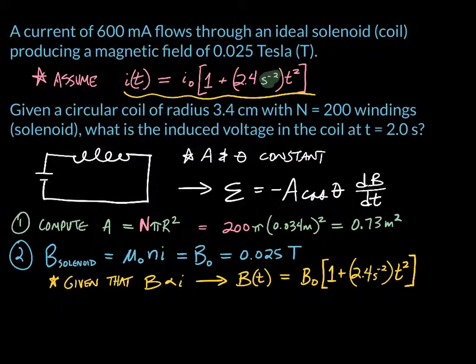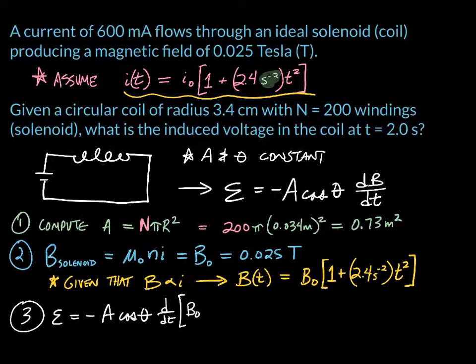So now I can do a cosine theta dB/dt because now I have a function for B that I can differentiate. And so step 3 here, this will be negative A cosine theta, and we'll have d/dt of B naught times (1 plus 2.4 inverse seconds t squared).